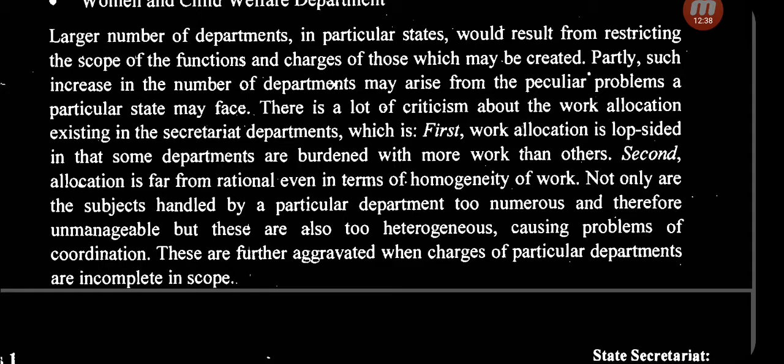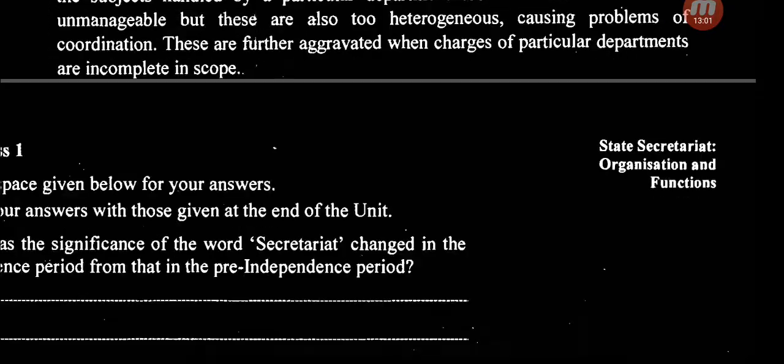Second, allocation is far from rational even in terms of homogeneity of work. Not only are the subjects handled by a particular department too enormous and therefore unmanageable, but these are also too heterogeneous, causing problems of coordination. These are further aggravated when charges of particular departments are incomplete in scope.